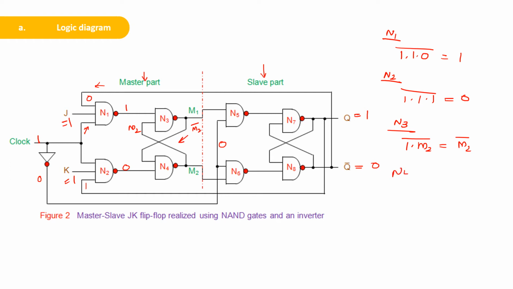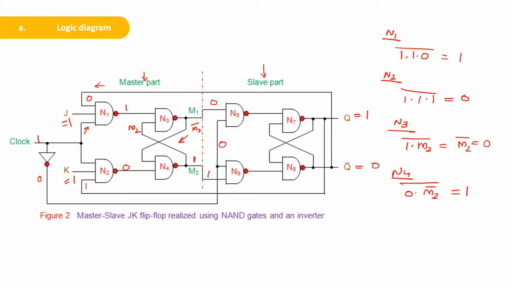So if you take N4, one of the inputs is 0, the second input is M2 complement, its complement 0 dot M2 is 0, and its complement is equal to 1. So the output of N4 will become equal to 1. That means M2 is equal to 1. So when M2 is equal to 1, M2 complement is equal to 0.